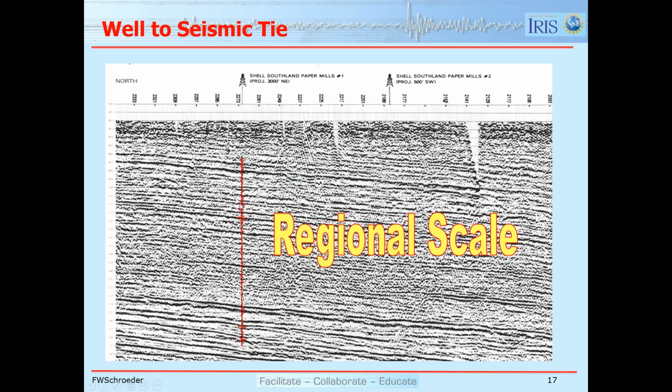So typically a geoscientist does not have control over where an individual drilling segment and logging runs will be run.